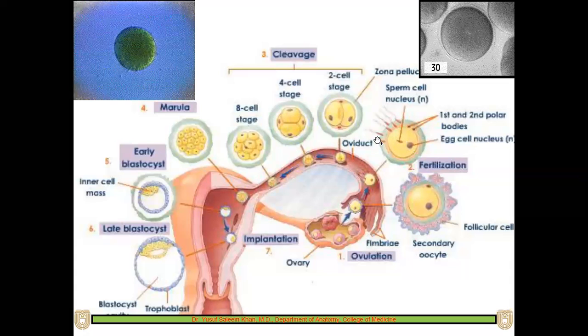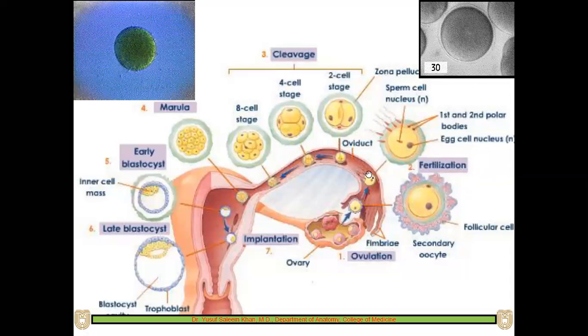Now it starts dividing into the two cell stage, then it becomes four cells. At the same time while it is dividing, note that fertilization takes place in the ampulla. Now with the division, it is moving towards the uterine cavity. As it is dividing, it is also going into the uterine cavity.